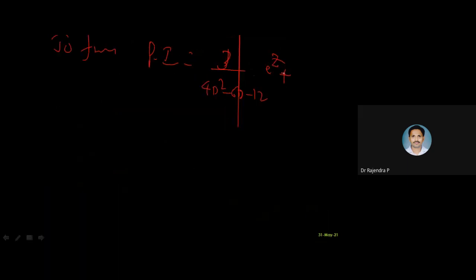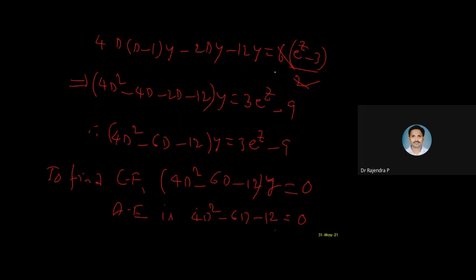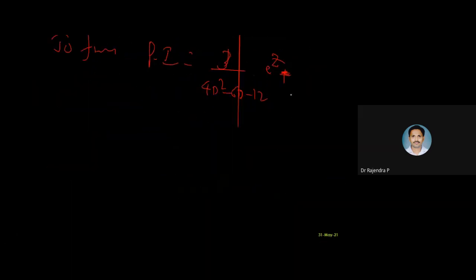Same thing, I can multiply with minus 9. I will write minus 9 by 4D square minus 6D minus 12. What I have done? I am writing 1 by f of D into the z form. This f of D with this z I am just multiplying, so that I got two separate terms.